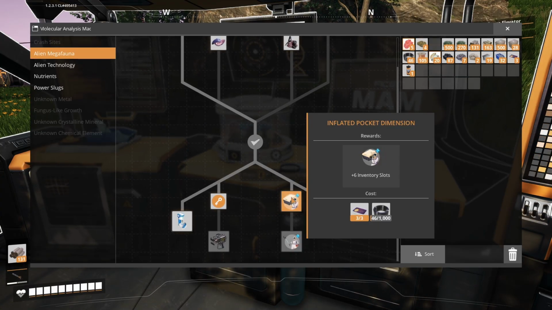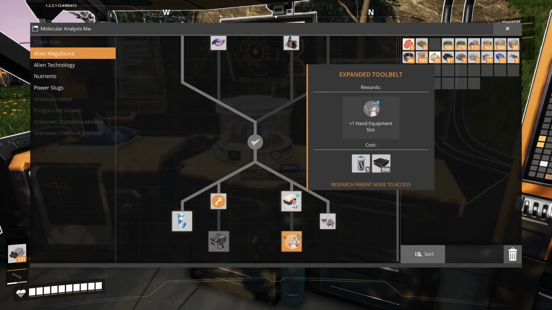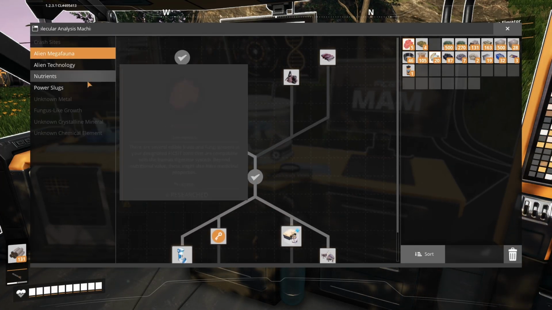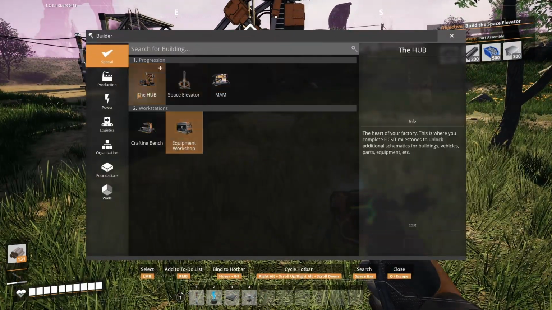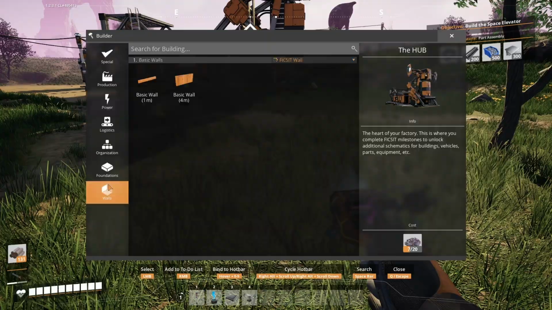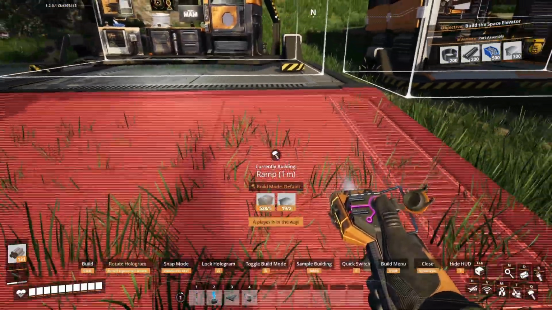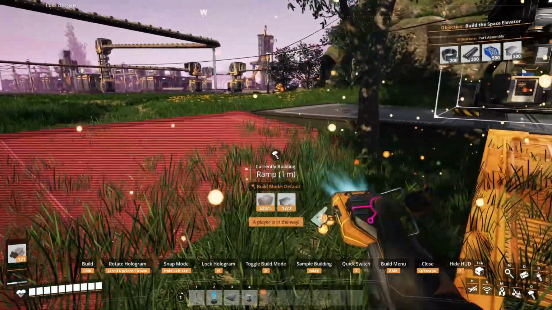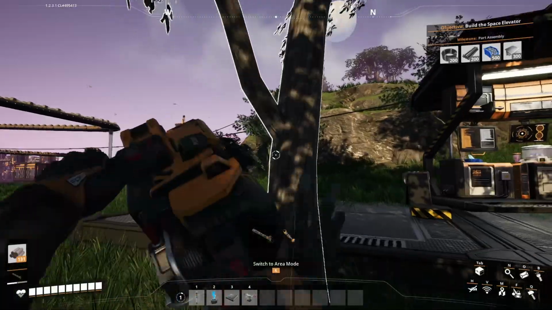Plus 6 inventory slots. I'll take that. I need 1,000 cable, though. Well, cool. We have this now. What else is there? Space elevator, hub, crafting workbench. We also have ramps, which I feel like... Sir. Sir.